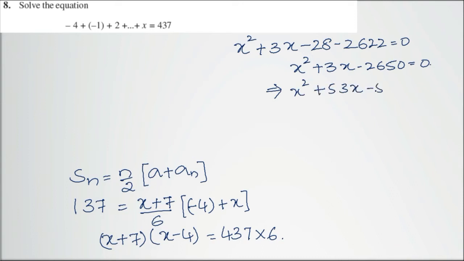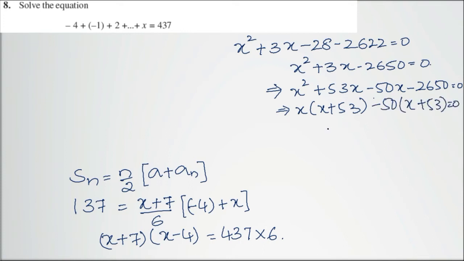(53) and 50, the combination will give positive 3 and the product 2650. So the value of x is obtained as -53 or positive 50.